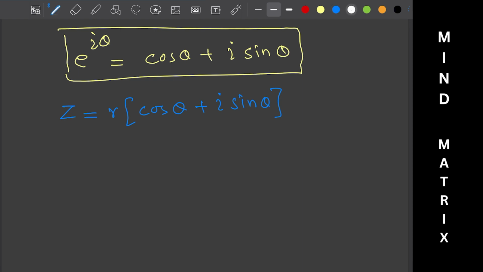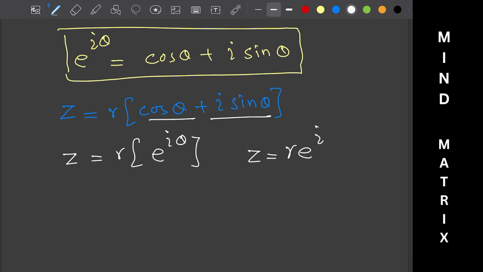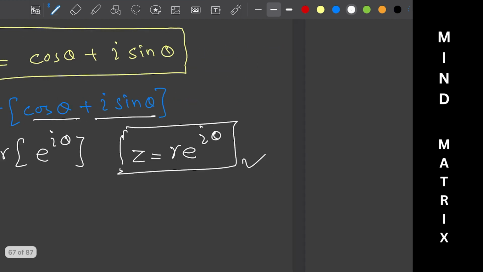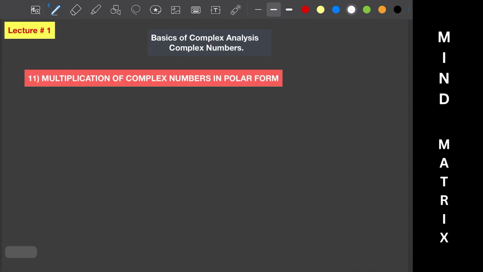Now we are going to substitute the value of e power iota theta, so z equals r times e power iota theta, and this is the required result called Euler formula. Now let's move toward our next topic, which is multiplication of complex numbers in polar form.